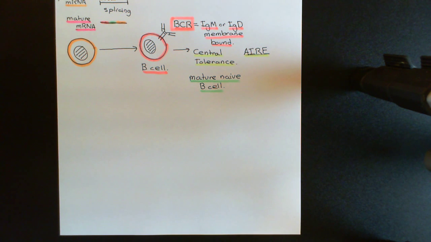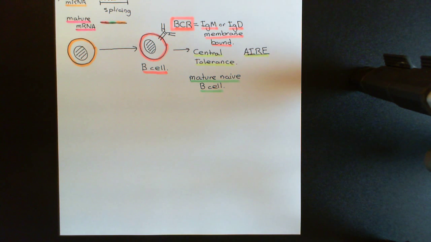The bone marrow does not involute like the thymus gland involutes, so you can continue producing more and more B cells throughout your lifetime. So the process that I've described will continue on throughout your lifetime. Okay, so overall then, that is the production process for B cells now complete. What we will move on to in the next video is discussing the actual activation of B cells as part of the humoral adaptive immune response.